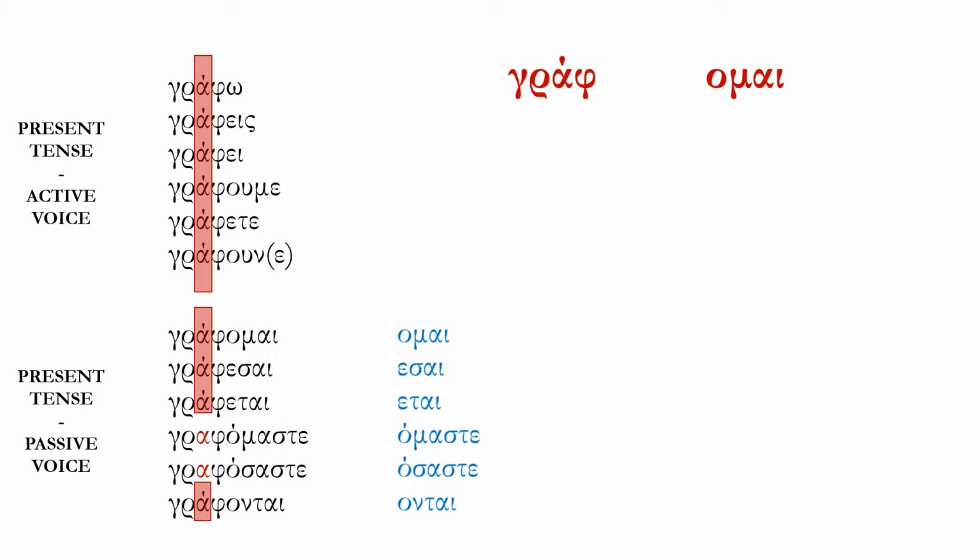Ome, esse, ete, omaste, osaste, onde. It may or may not look familiar to you at first, but when we bring in the verb to be, we can see that these are almost exactly the same, actually, and the letters in red on the right side are the ones that aren't changed between the two.